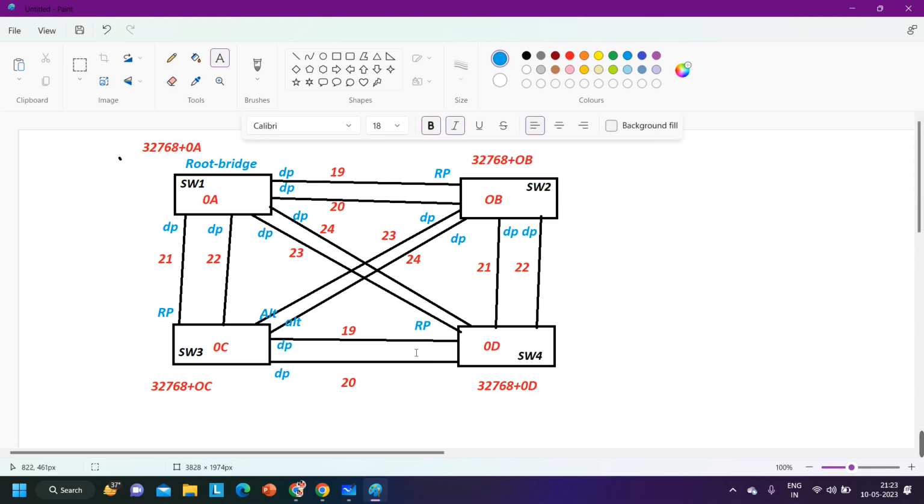The cost is also less, right? It goes all the way around, so the cost will be higher. So from here the cost will be the same. Cost is the same. Okay, and this port will also become alternate.